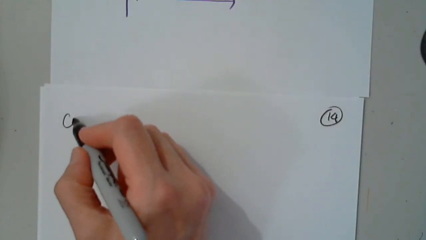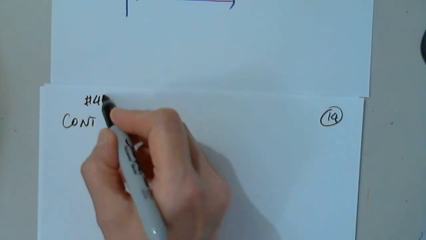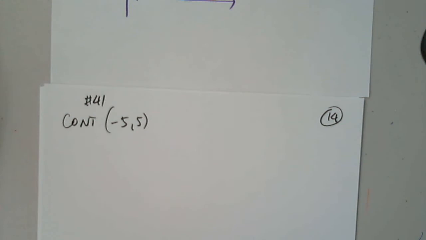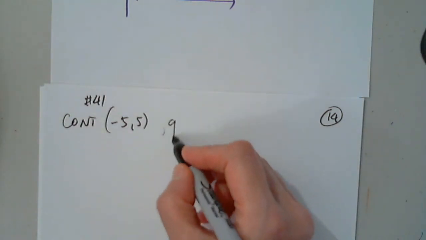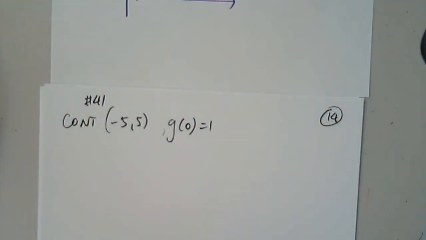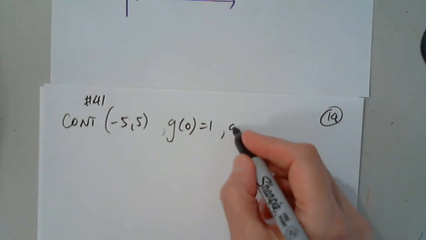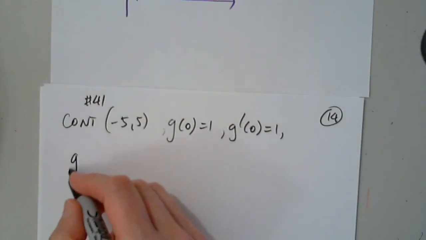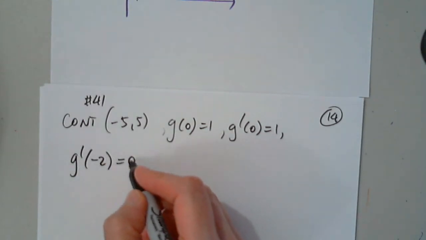Continuous. Okay, the function is continuous on its domain of (-5, 5) specifically. G of 0 is 1. G prime of 0 is 1. G prime of -2 is 0.